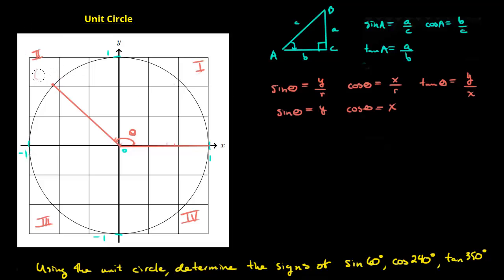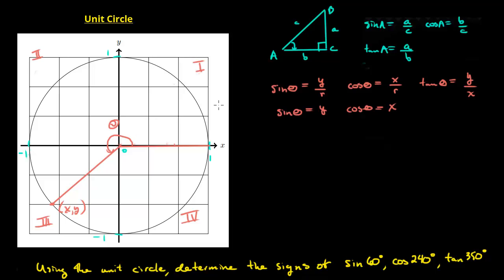If you have an angle that is drawn in the third quadrant, so let's say that this is point x comma y, and this would be angle theta.